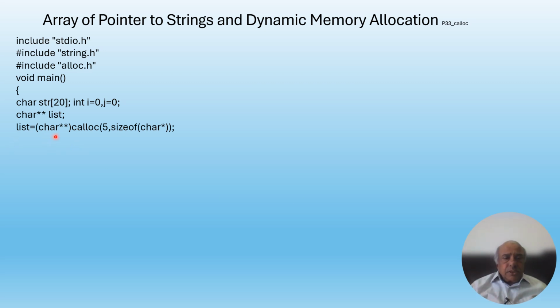Look at the function. list is equal to (char **) calloc(5, sizeof(char *)). This sizeof is also a function which takes out the memory requirement for the type of variable which is appearing in the bracket.